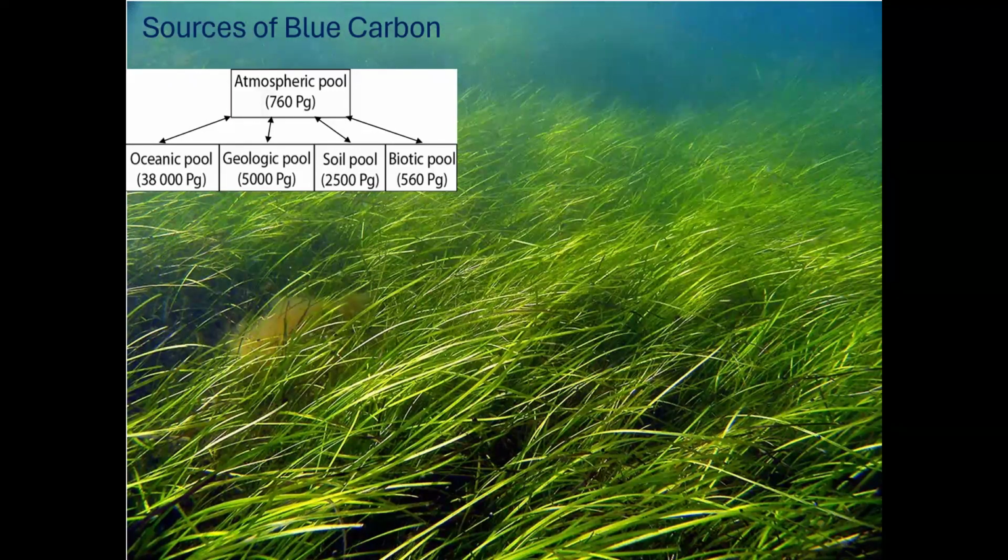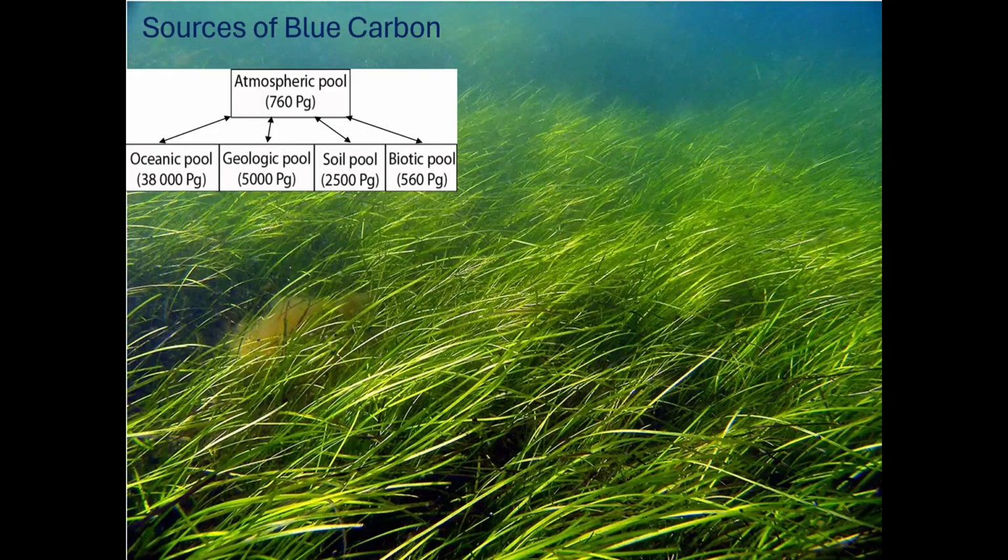So you've got that direct taking out from the atmospheric pool and storing it in that oceanic soil biotic pool in the ecosystem. But you've not just got that carbon that's coming directly from the ecosystem itself. You've also got it coming from other adjacent ecosystems. And as mangroves are located in the littoral between the terrestrial and marine ecosystems, you've also got linkages between other coastal ecosystems.